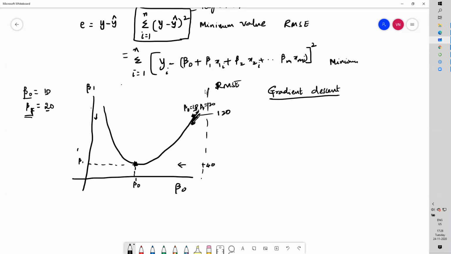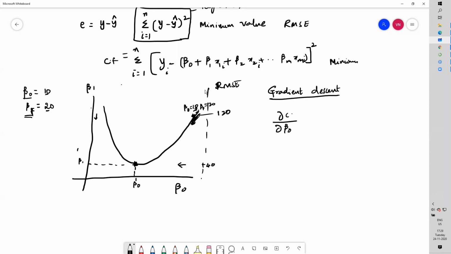So what is the slope of the tangential line for this curve at this particular point? We can find that out using dou by dou beta naught for this equation, and let's call this equation the cost function.